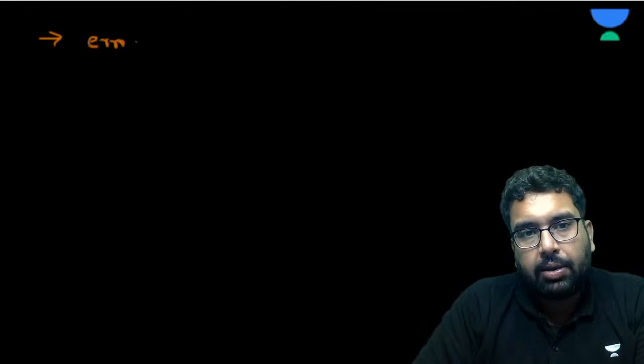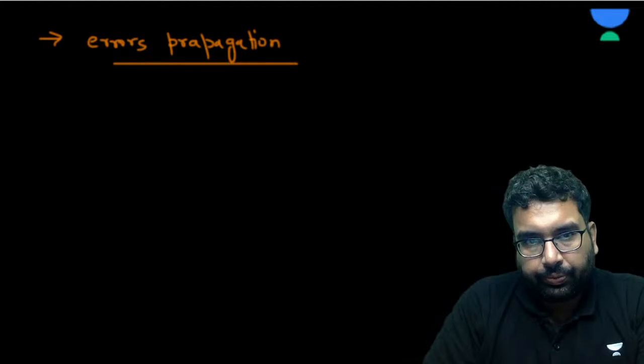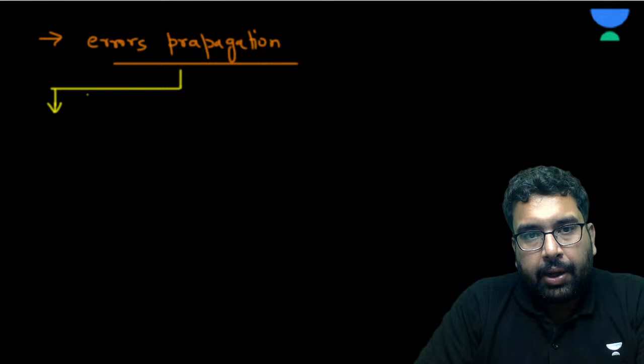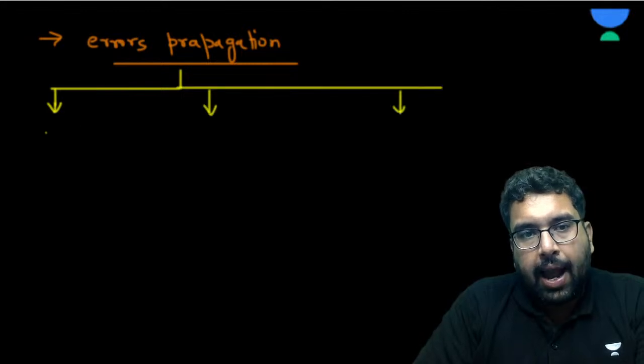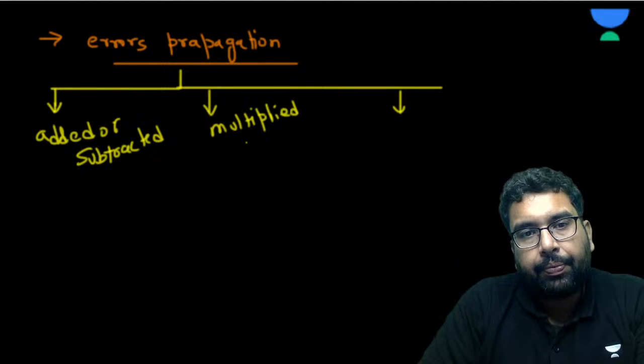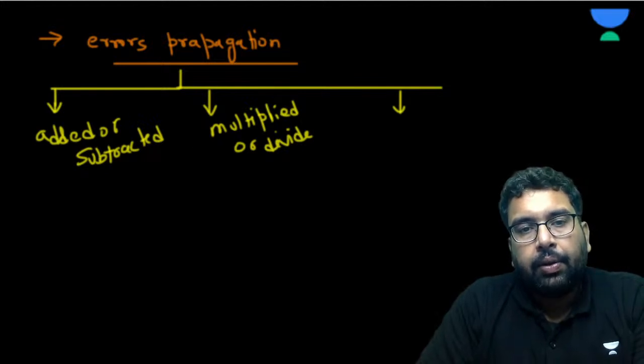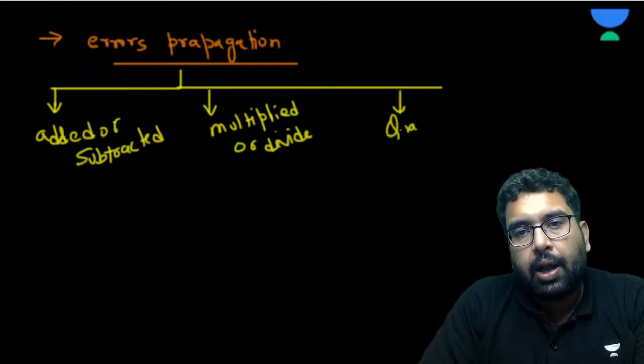Error propagation means that we are interested in knowing how the errors propagate themselves when two quantities are added or subtracted, multiplied or divided, or when quantities are raised to some power.